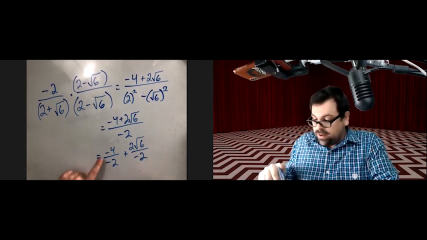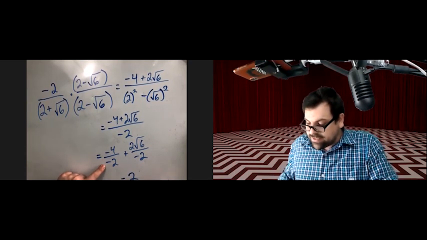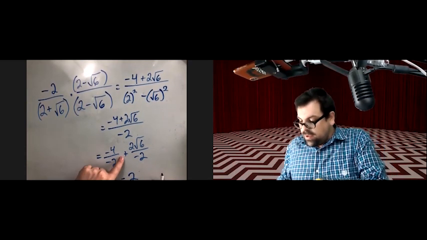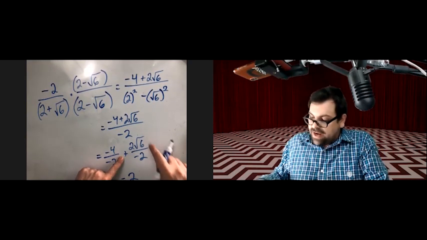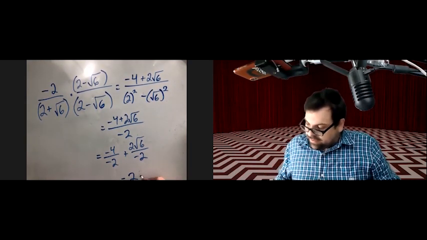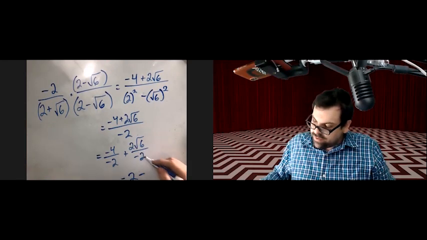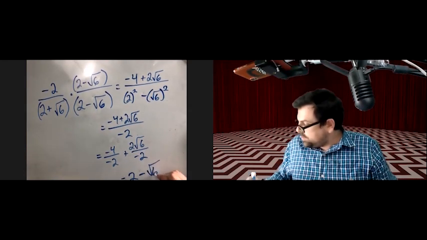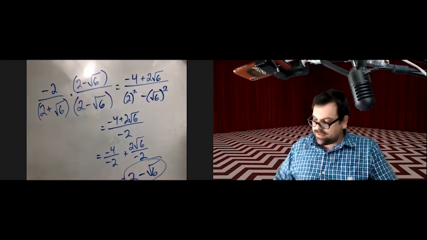You know why I did that, because that's how you add and subtract fractions. And then from here, negative divided by negative is positive, plus positive divided by negative is negative, plus a negative is subtraction. 2's cancel, 2 minus radical 6.